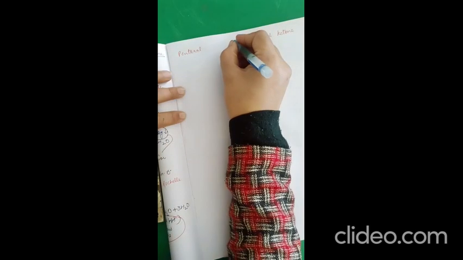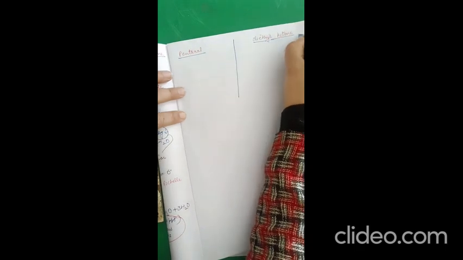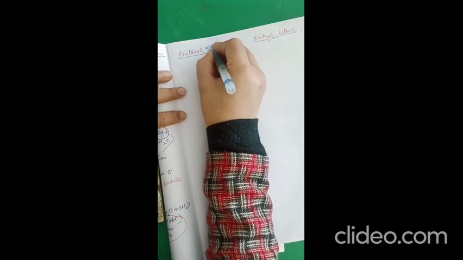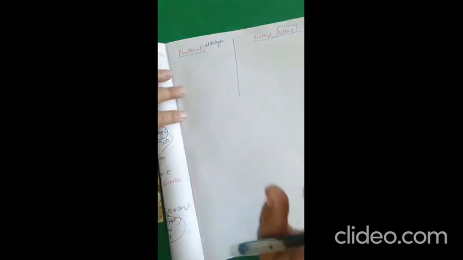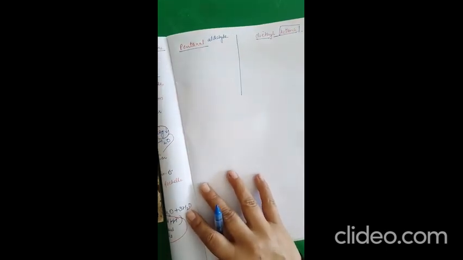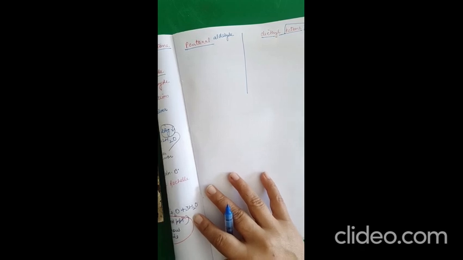Whenever you are attempting the question in the board, just write like this: this is aldehyde, and this is ketone, and we have to distinguish between them. It means we can distinguish both on the basis of either the Tollens test or the Fehling test.